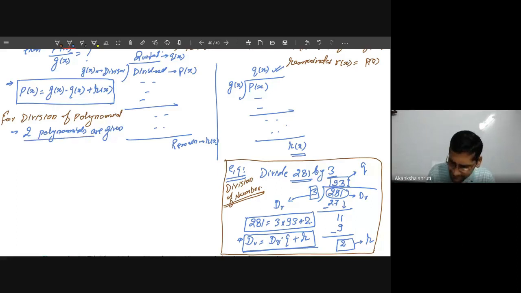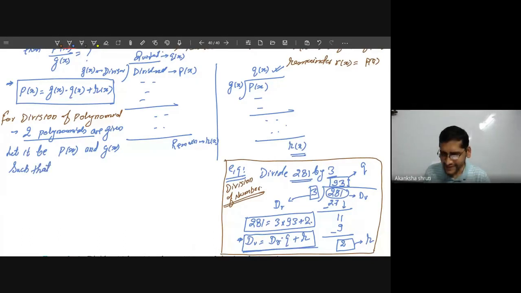These polynomials are denoted by px and gx.